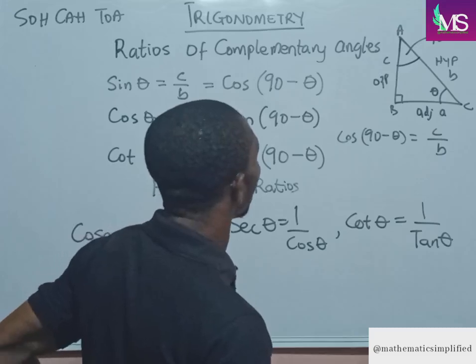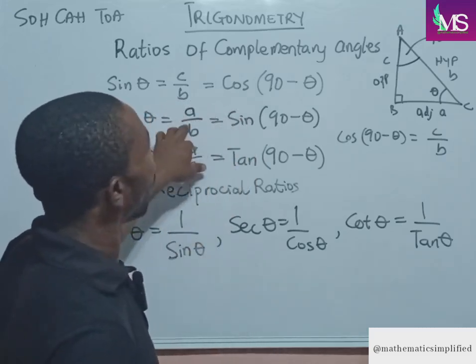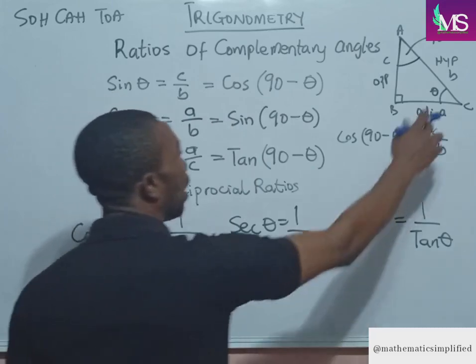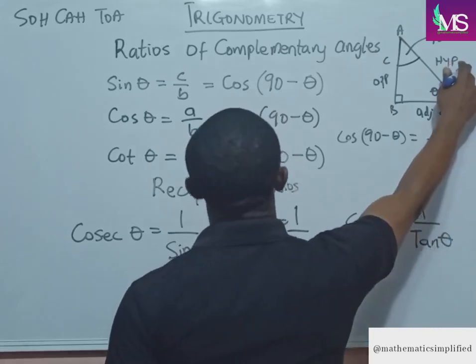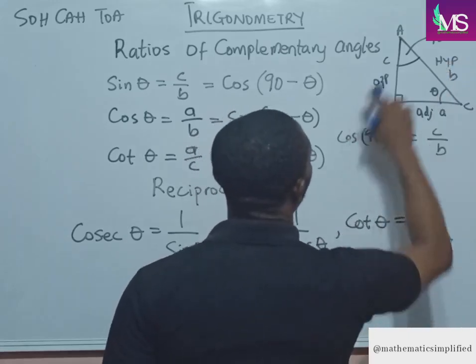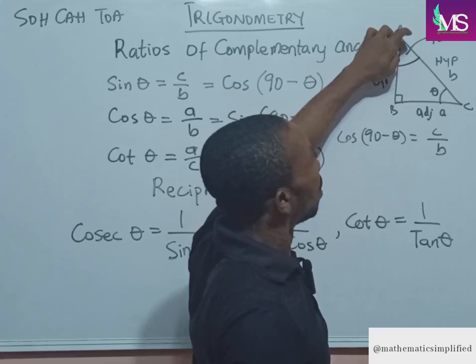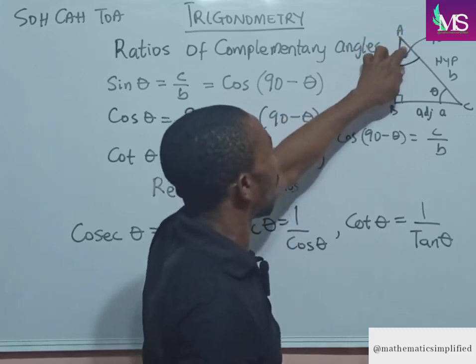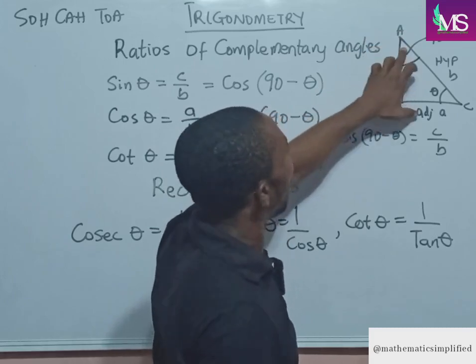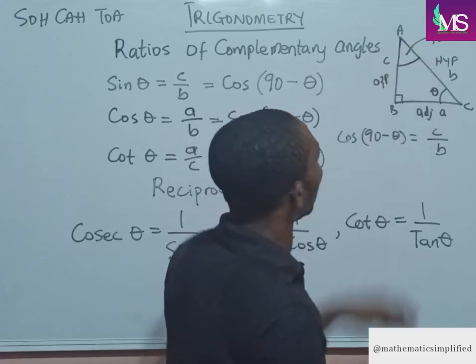Likewise for cos, if we have cos theta as A over B, now our A is adjacent and B is hypotenuse. Now using our complementary angle 90 minus theta, A will become opposite and B will still be our hypotenuse.